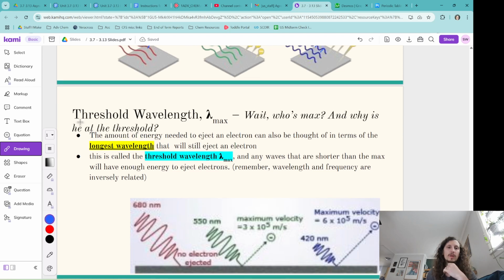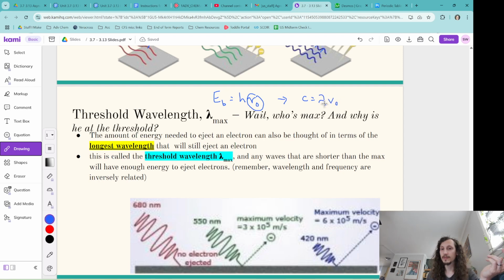Okay. So we talk about threshold frequency, and we've also got a corresponding wavelength max, or threshold wavelength. So again, if I can go from the binding energy to the threshold frequency, once I find that value, recall we have an equation that goes between wavelength and frequency.